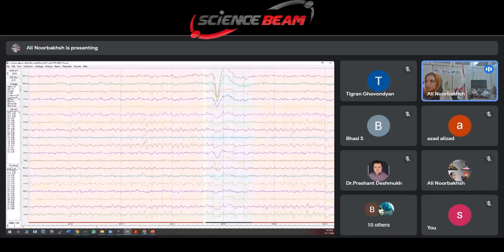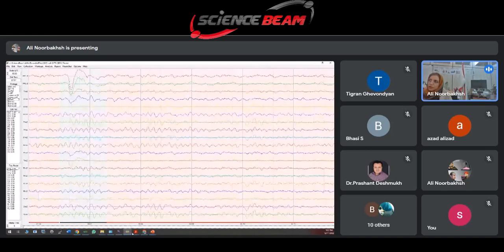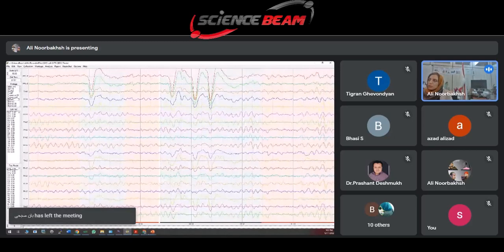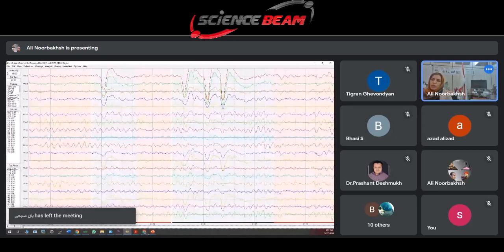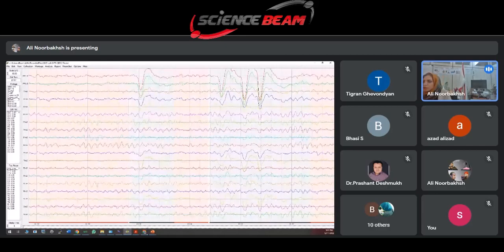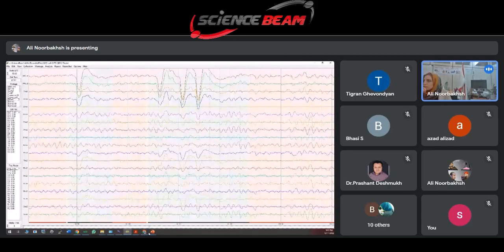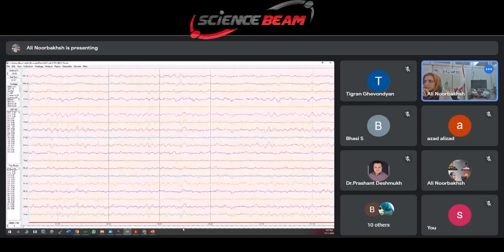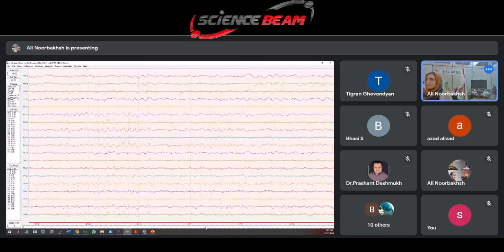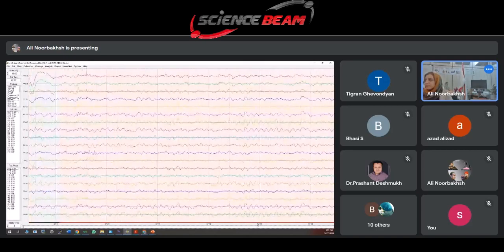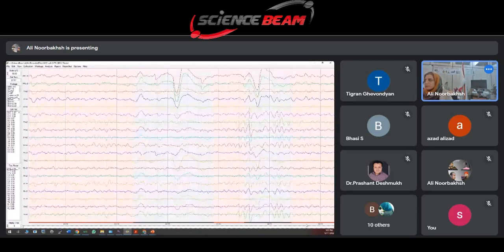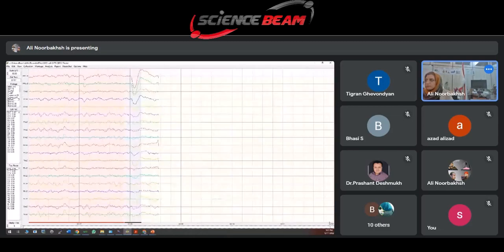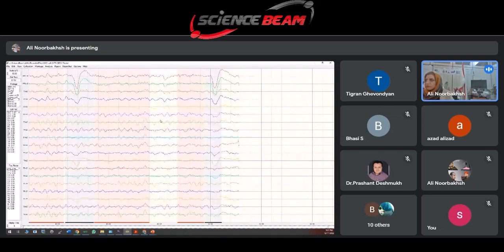You can remove this type of artifact. Maybe you can see the artifact in a pink part, and if you want, you can remove it.